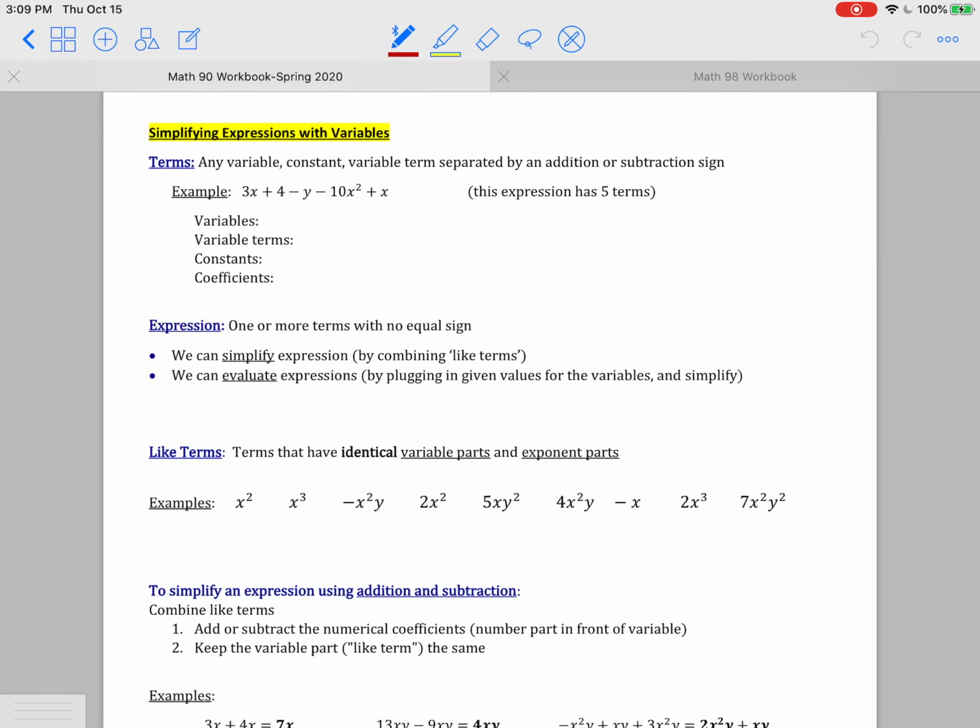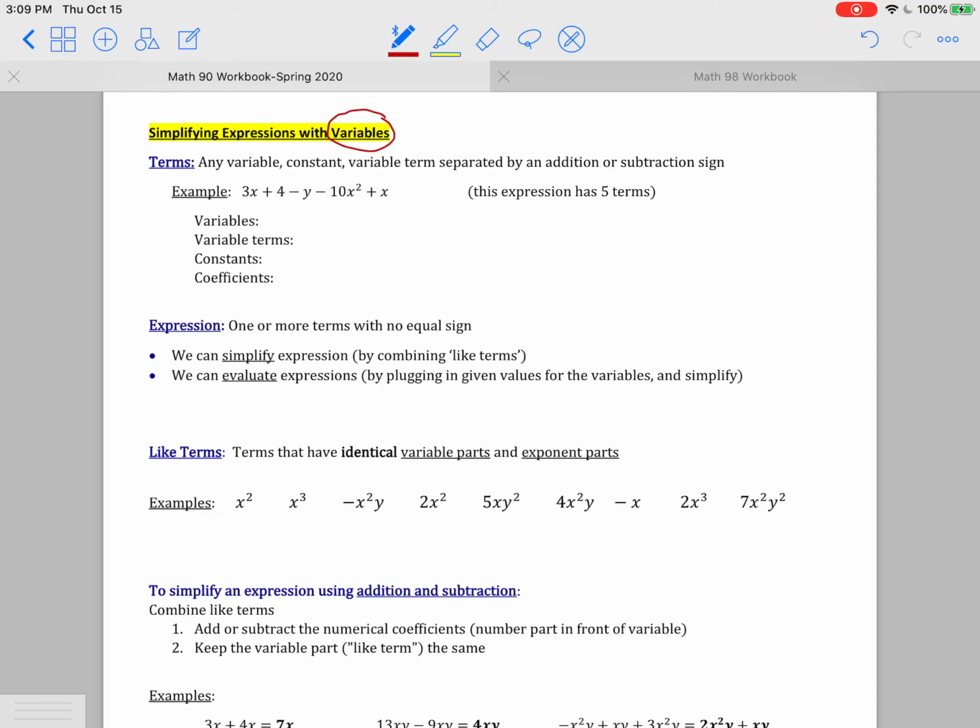So on your worksheet, and of course coming up in the remainder of the class, you guys are going to have expressions where you're asked to add and subtract and multiply and divide, actually, but they include variables in them. And we talked a little bit about combining like terms and what like terms are in the last video.